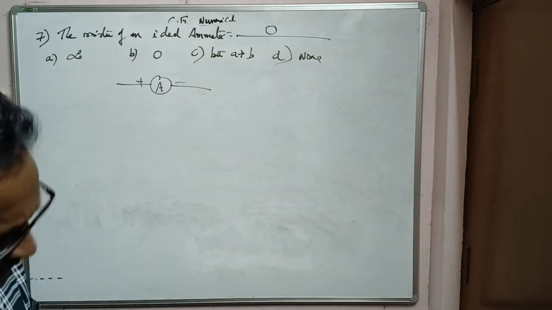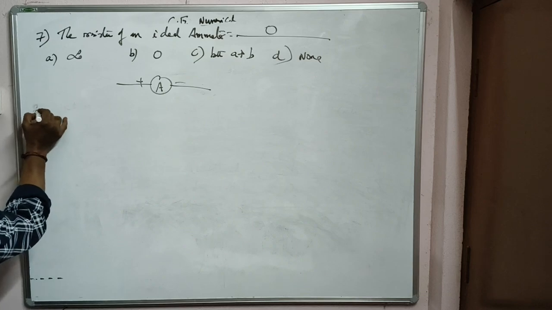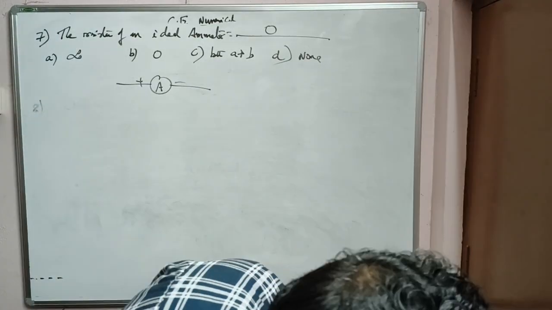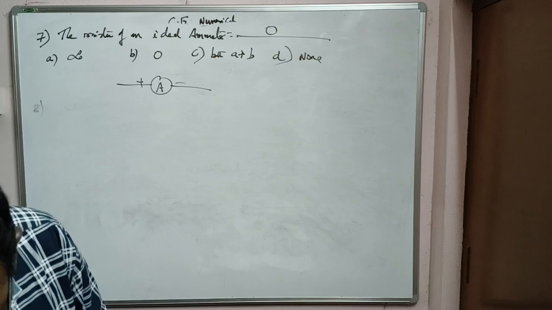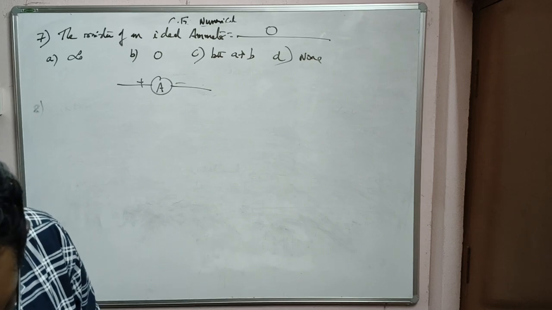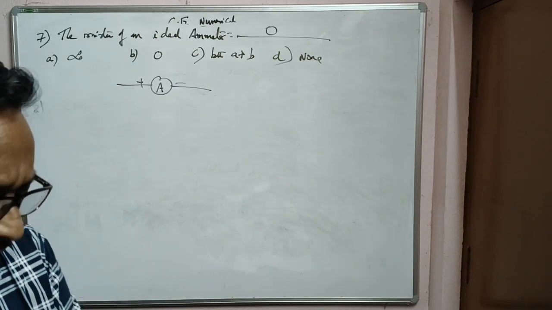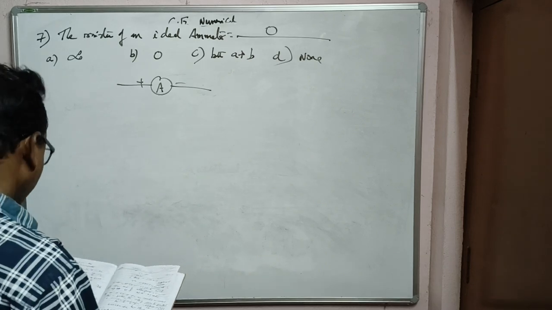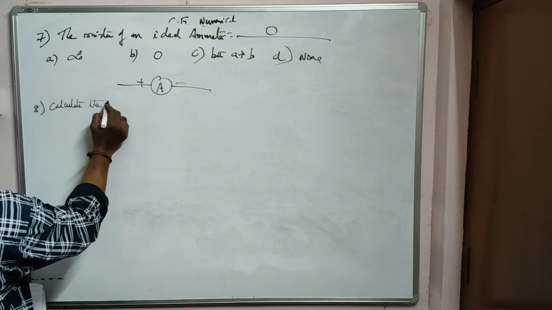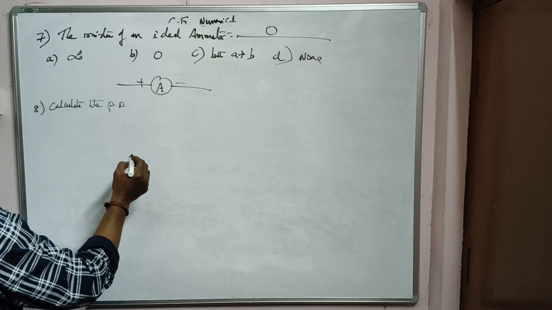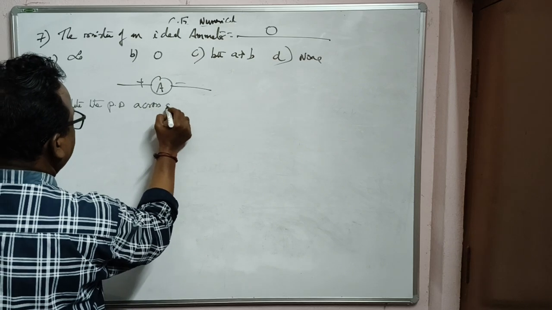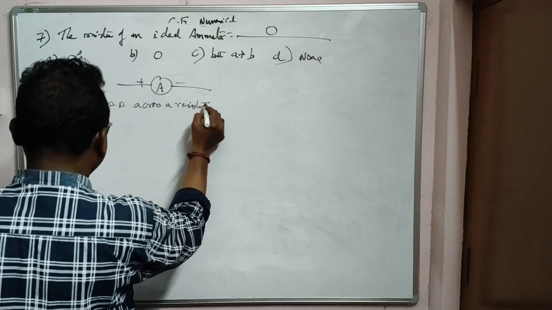So the 8th question is asking you to calculate the potential difference, the PD, across a resistor.